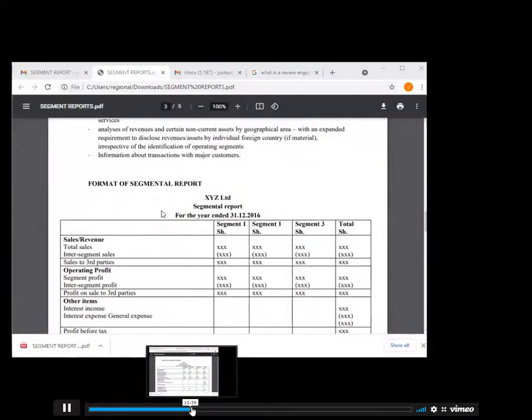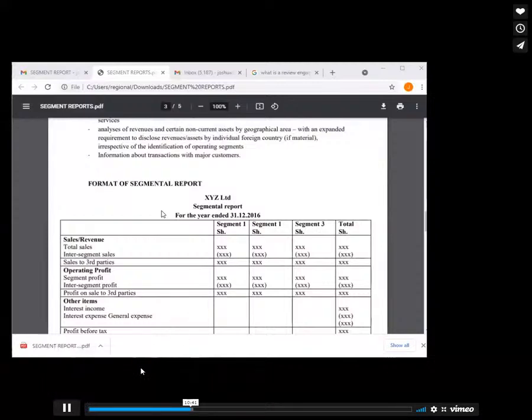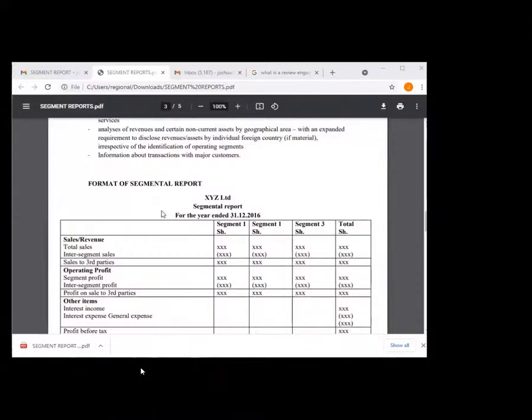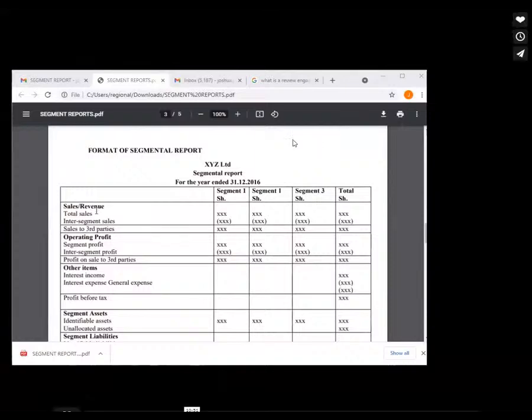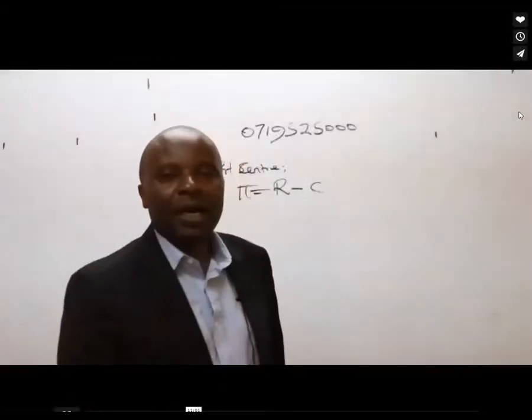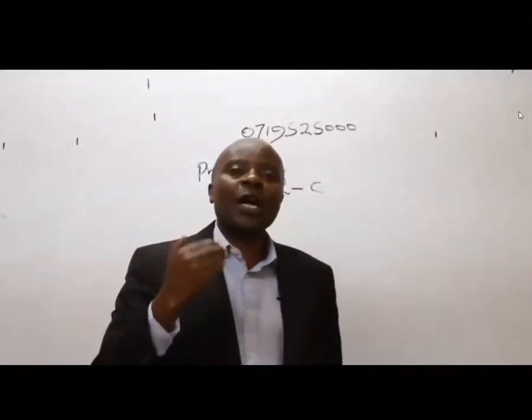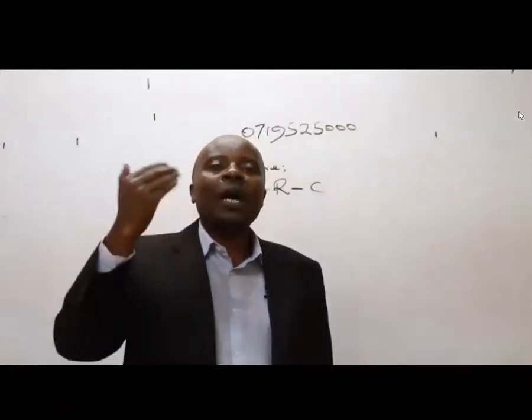Now, the most important thing for your exams that you're supposed to pick, ladies and gentlemen, is the format of operating segment report, format of segmental report. So you have to show the total revenue, so total sales for each segment. And if there were any inter-segment sales, those are fake sales. Inter-segment sales are the same as what we call intra-sales in group accounting.